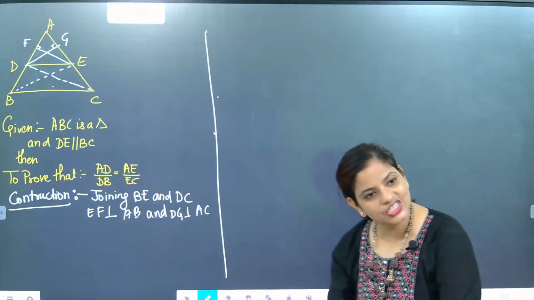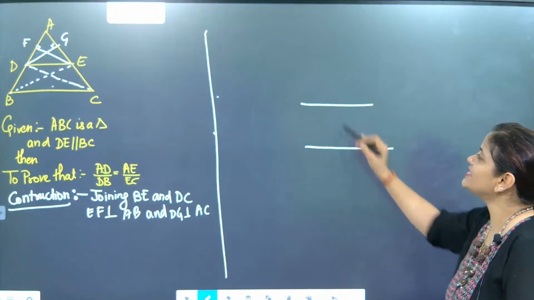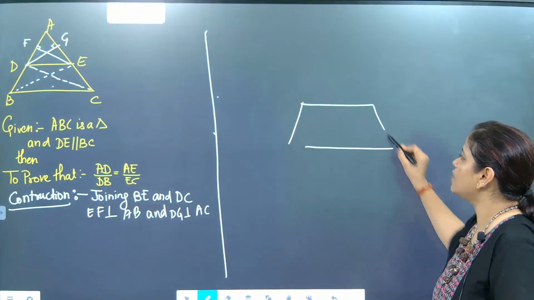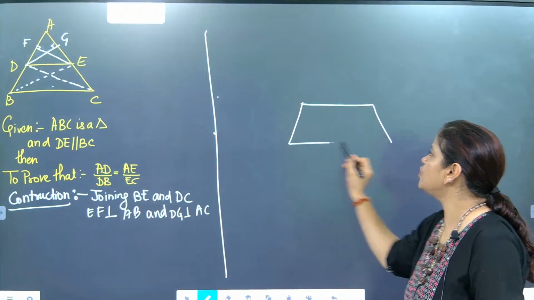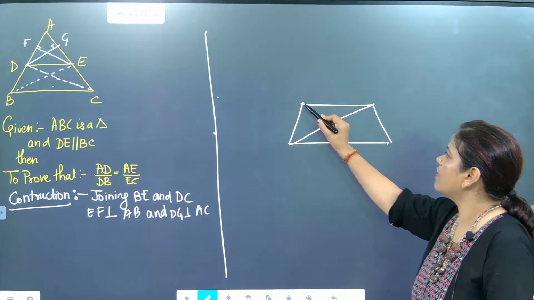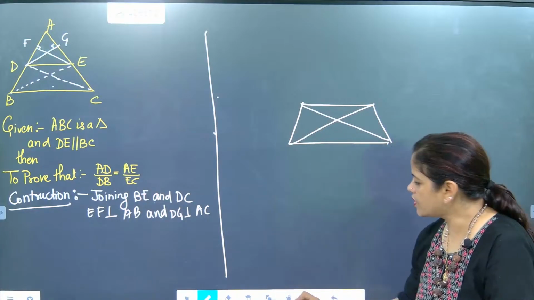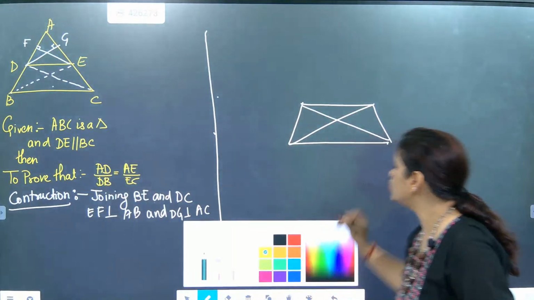Now the next section is about parallel lines. If two lines are parallel, this is about the parallelogram concept. So how many triangles have I drawn? Two triangles.